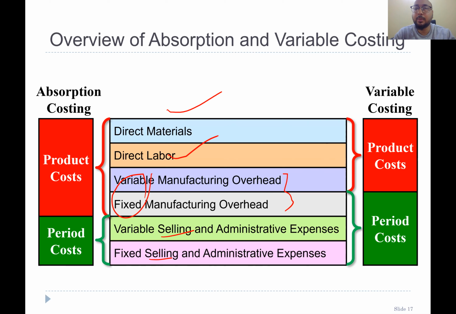So direct material is a variable cost, direct labor is a variable cost, and variable manufacturing overhead is a variable cost. Right? So fixed manufacturing overhead and both variable and fixed selling and admin expenses are part of period cost.